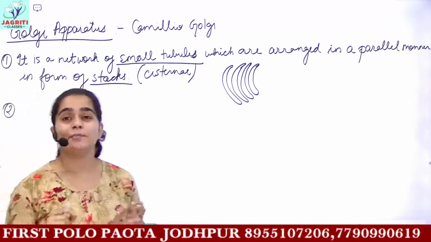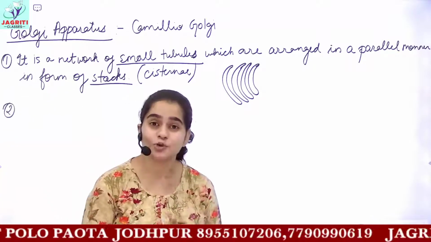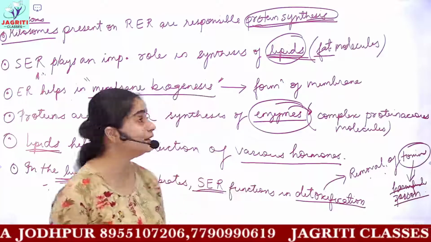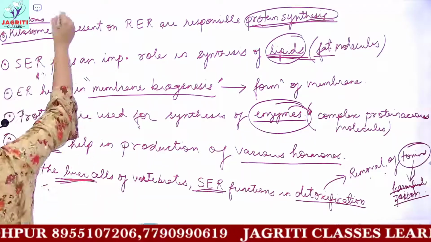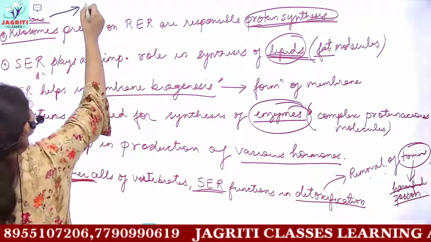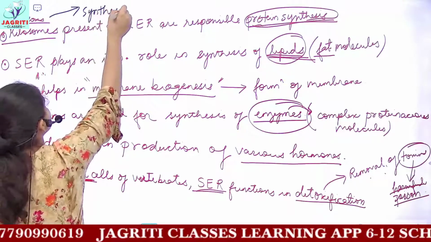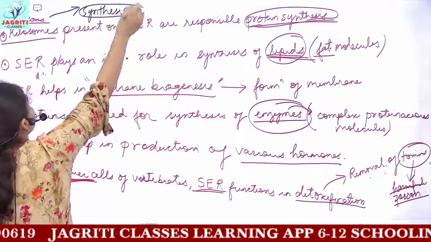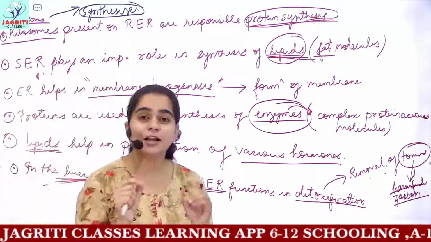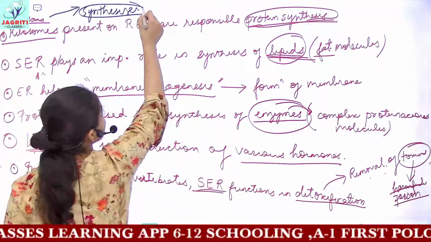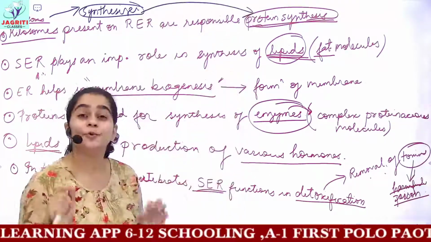Then next, this Golgi apparatus has many functions to carry out. The last organelle we discussed, the endoplasmic reticulum, is a synthesizer. Synthesizer means it is responsible for synthesis operations, that is, the synthesis of proteins.